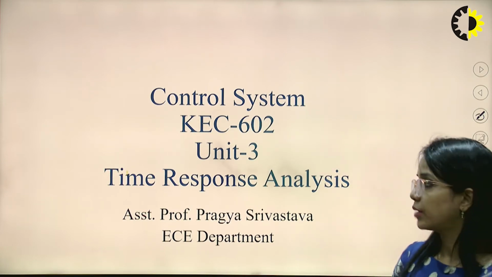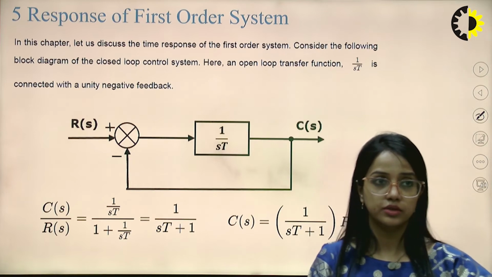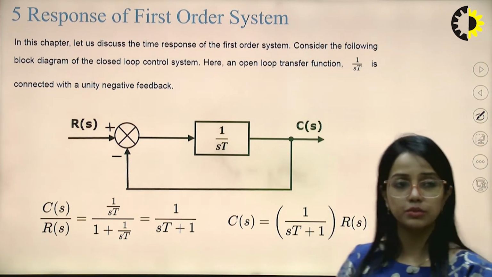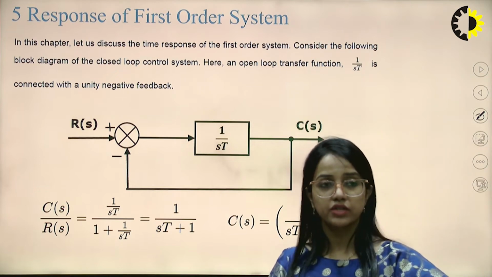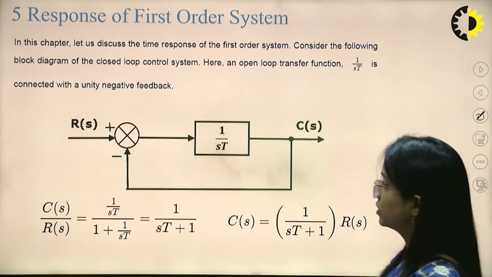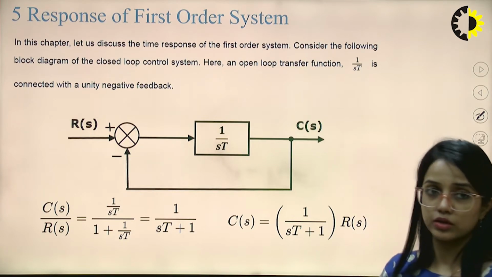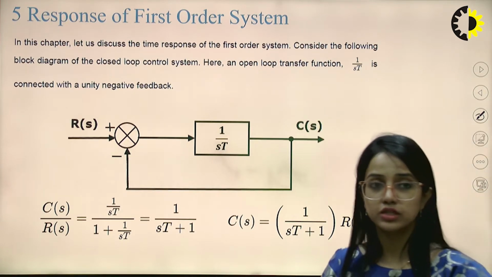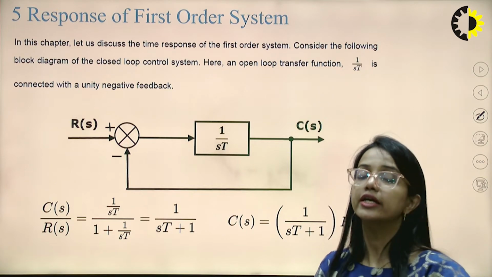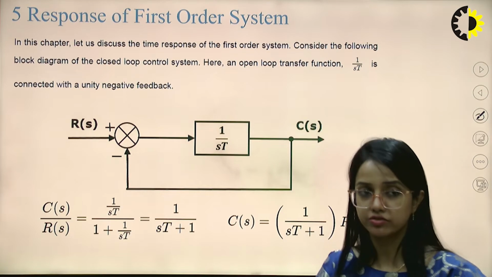Now, coming to the first order system, which is shown in this picture. Previously, in my last lecture, we studied how the open loop transfer function having a gain of 1 upon sT is connected to a unity gain negative feedback system.